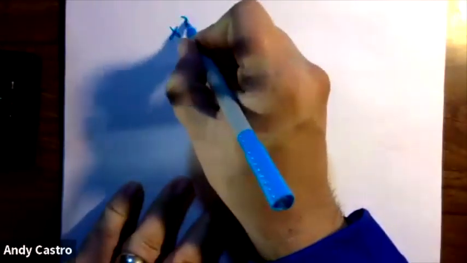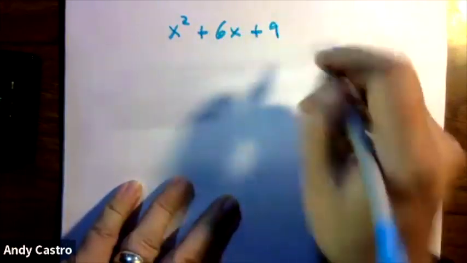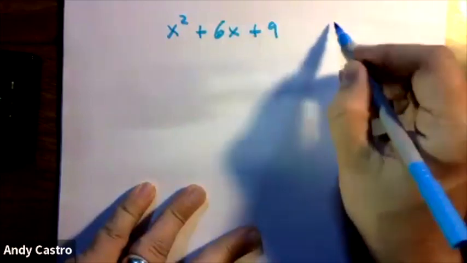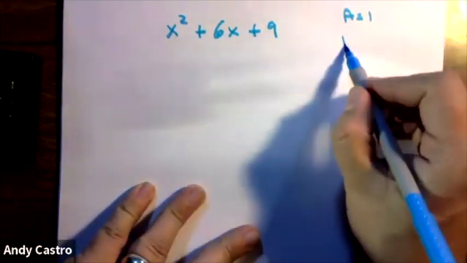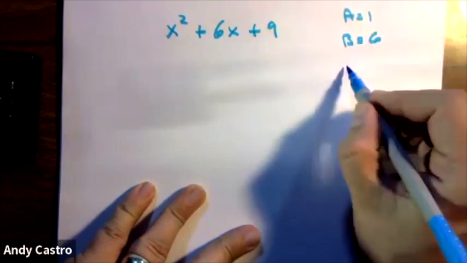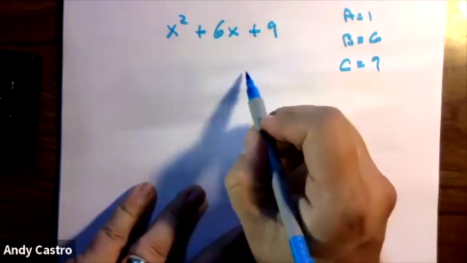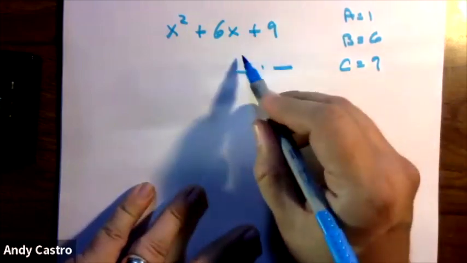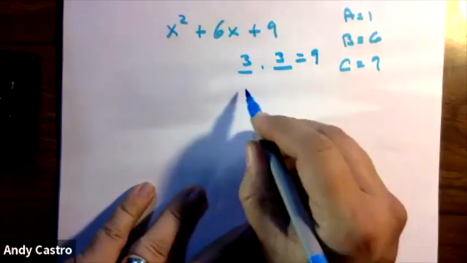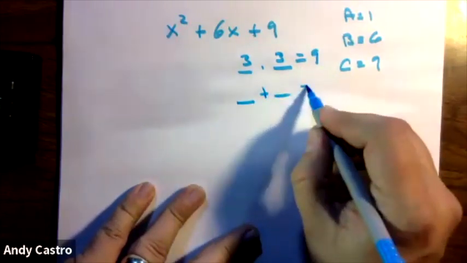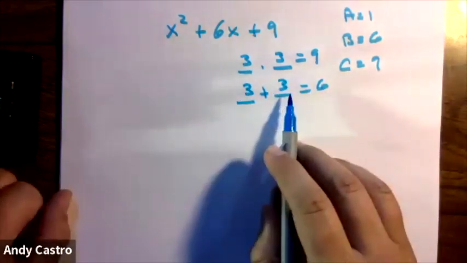x squared plus 6x plus 9. Remember, a is equal to 1. So in that case, I want two things that add to give me 6, but multiply to give me 9. Well, the two things that multiply to give me 9 are 3 and 3, and those are the same two things that add to give me 6. So notice it's the same number, right?